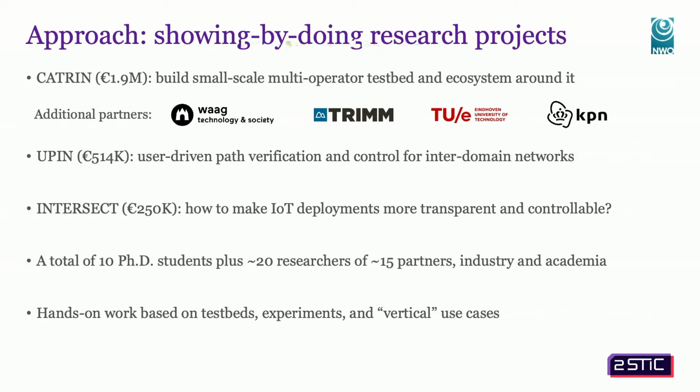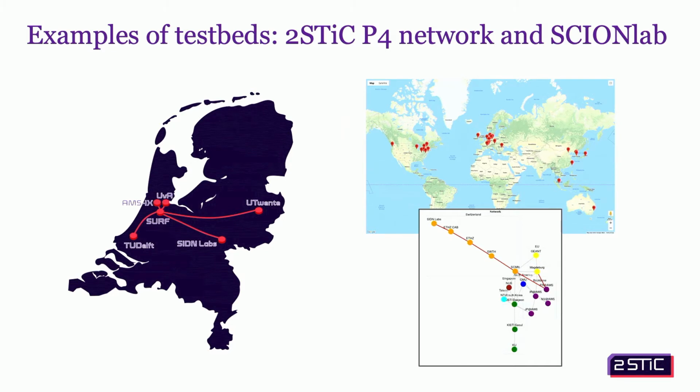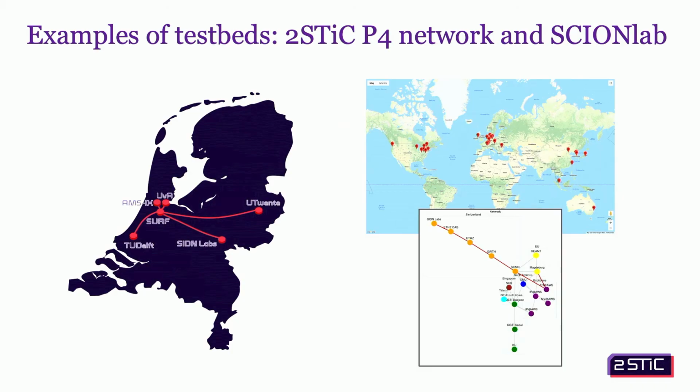So it's hands-on work, not just papers or presentations. And we actually already have two ways of doing that. One is the testbed that we set up within the TwoStick consortium. That's a testbed of programmable network nodes, which you see on the right over there. It interconnects various universities, and it's being run on top of SURF's optical network.